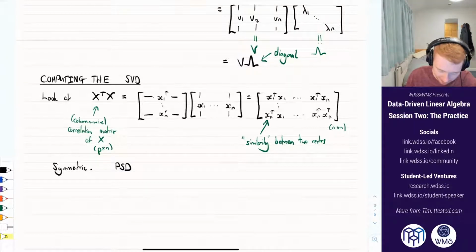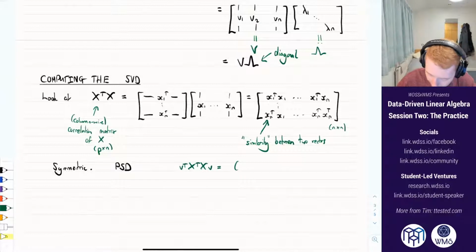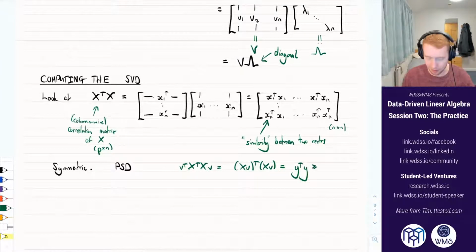The proof is very easy. Basically, we just write v transpose x transpose x v as (x v) transpose times (x v), and define this to be y transpose y, which is non-negative. If you know what positive semi-definite means, that's the proof. Very straightforward. Don't worry about what that means.